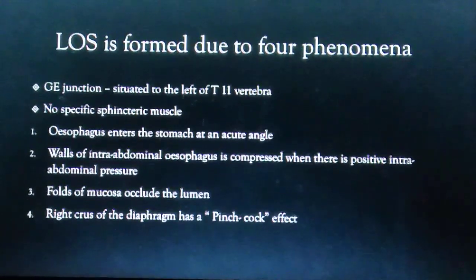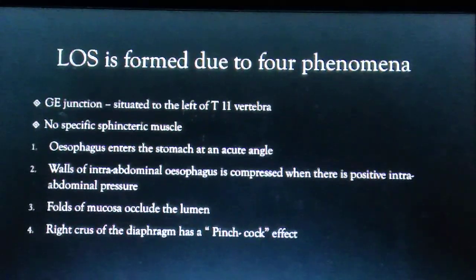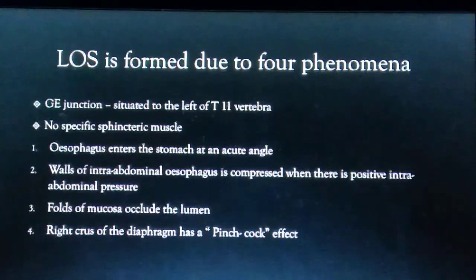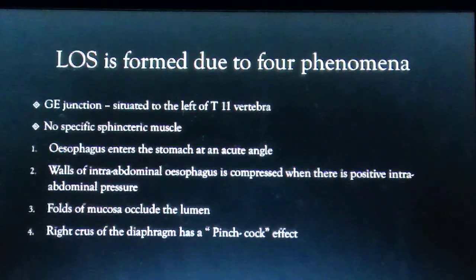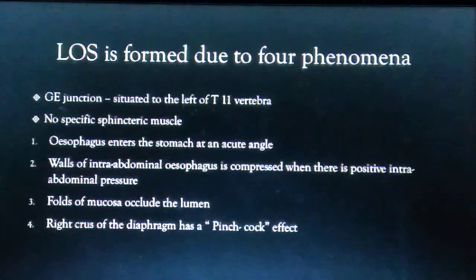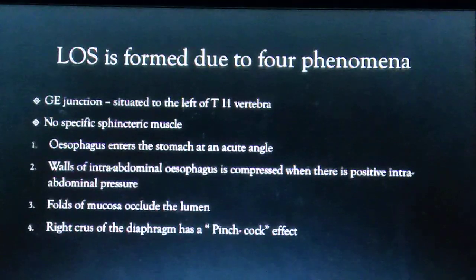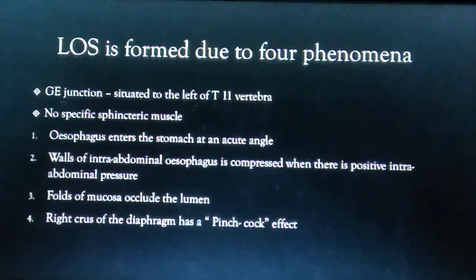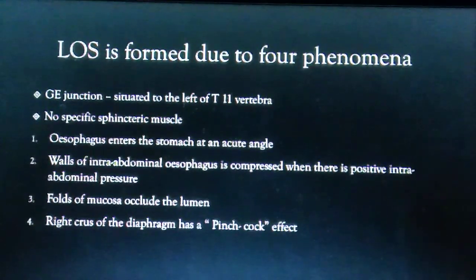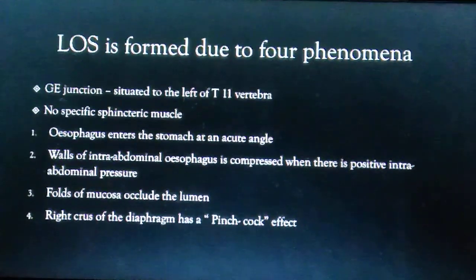This physiological sphincter, the lower one, is formed due to 4 basic phenomena. This LOS is situated left to the 11th thoracic vertebra. There is no specific sphincteric muscle present in the LOS, but these 4 points are important. The esophagus enters the stomach at an acute angle. So this word acute angle is important.